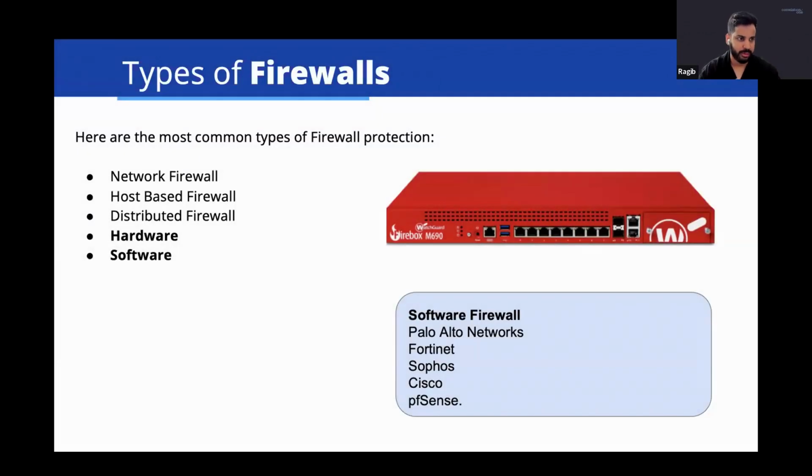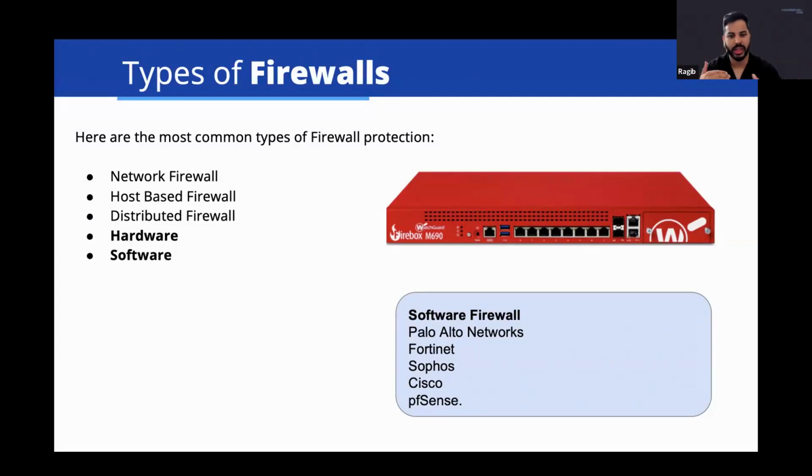Lastly, we have hardware and software firewalls. Hardware firewalls are physical devices that you place at the network perimeter. They're like a dedicated box used to filter traffic and are ideal for large-scale environments that need high performance and reliability.